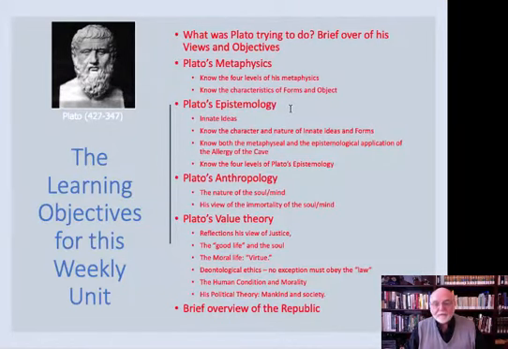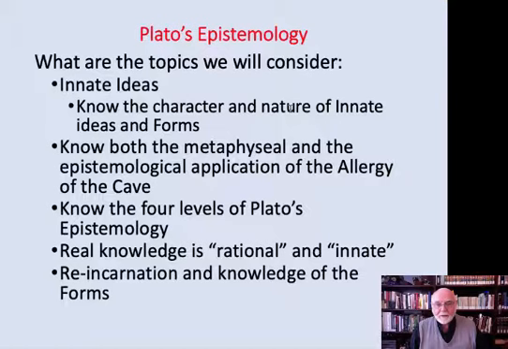We've seen this slide before concerning the overall necessary things for us to note as we make our way through Plato's metaphysics, epistemology and value theory. Now, when we come to his epistemology, we're going to be looking at innate ideas, and this is his justification for his assertion that the forms exist.